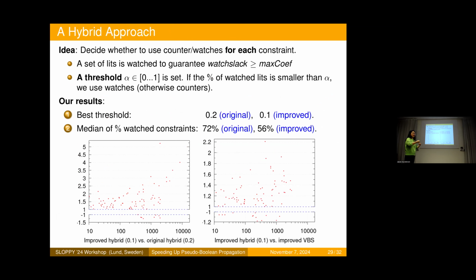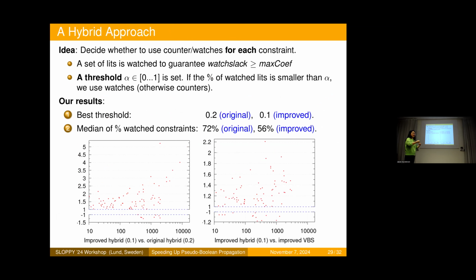Yeah. Now we decide whether to use the counter or watch for every constraint. Before we add this constraint to the database, we can compute the shortest watch to guarantee there is no propagation or conflict.